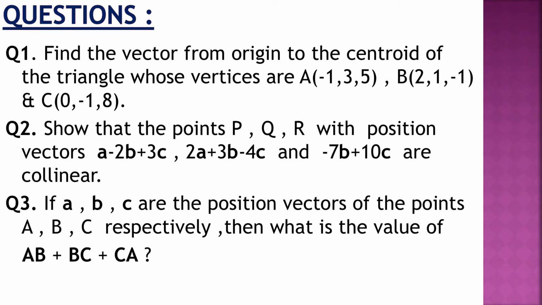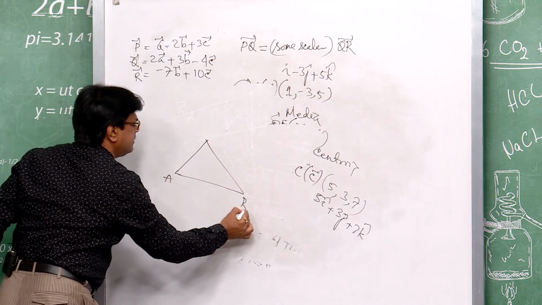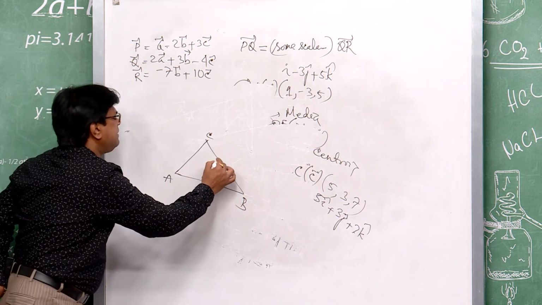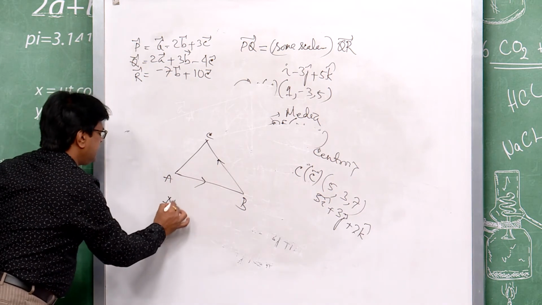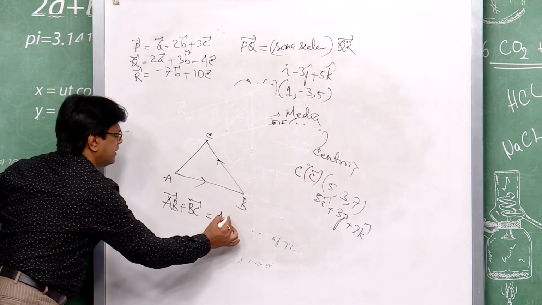Then come to A, B, C are the position vectors of the points A, B, C respectively. Then what is the value of AB plus BC plus CA? Suppose we take these 3 vectors A, B, C. So, AB vector plus BC vector is equal to AC vector.